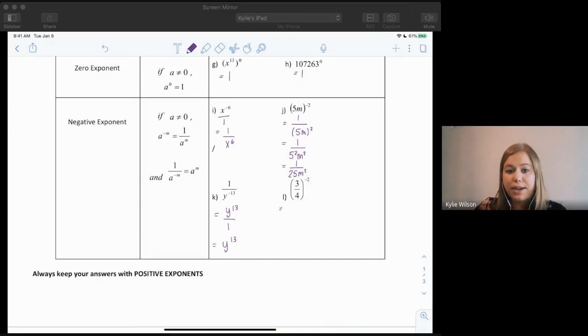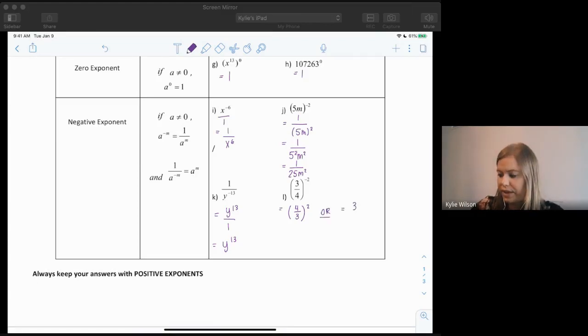For our next example here, we have 3/4 all to the power of -2. When I have a fraction raised to a negative exponent, I can flip the fraction inside and then change the sign on the exponent. And the reason why this works is because you could also do it this way.